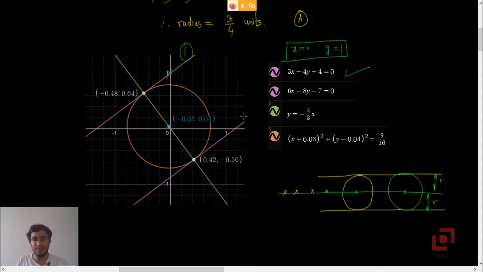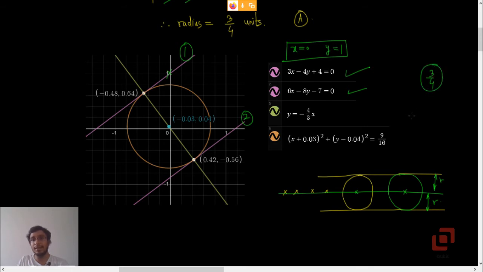Then the second line is obviously going to be 6x minus 8y minus 7 equal to 0. Yes. Then I found out the slopes of these two lines. Well, we already knew the slope. The slope is 3 by 4.